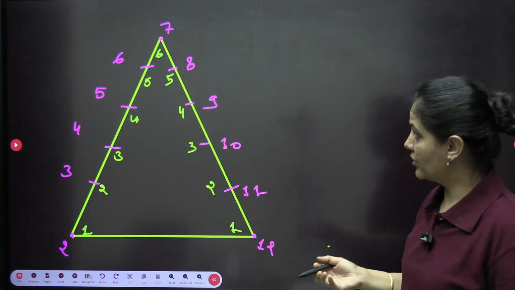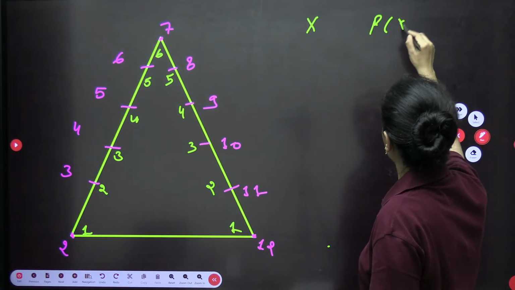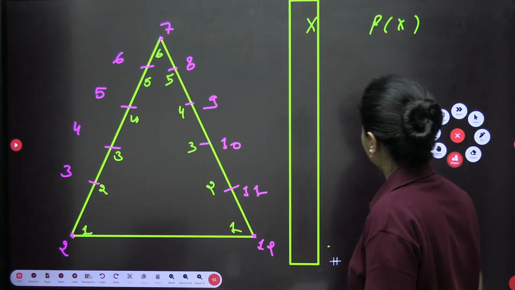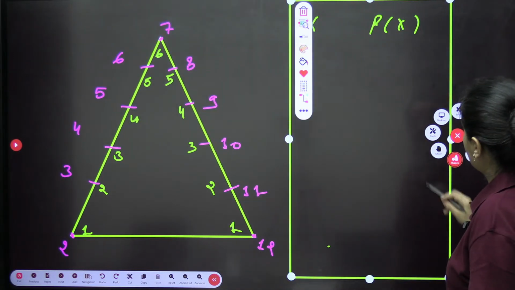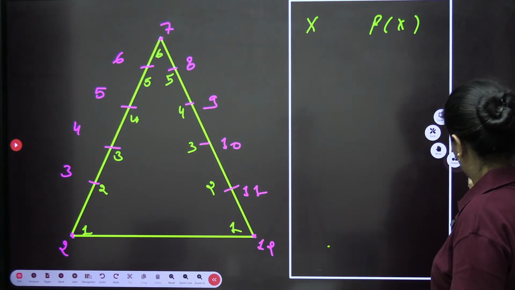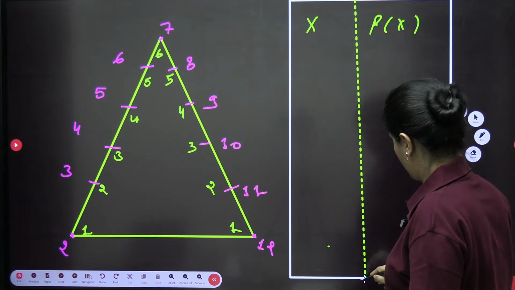I'm looking for the variables only now. So x, and I'm writing here p(x), the probability. So we can make the table very easily here for x and p(x).